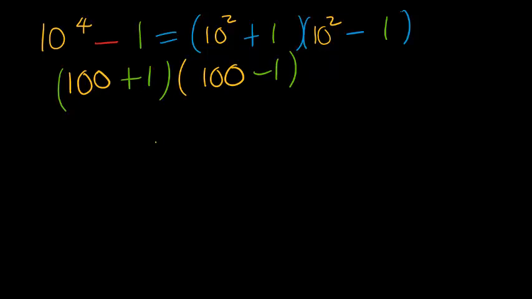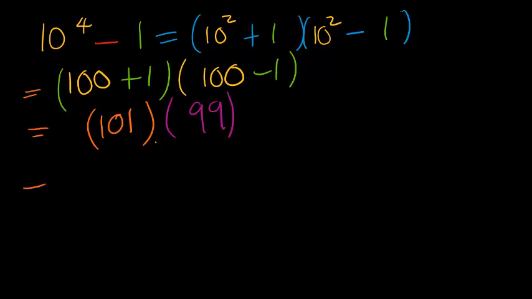Okay, 100 plus 1 is equal to 101, and 100 minus 1 is equal to 99. Now we are going to factorize. The factors for 101 is 101. It is a prime number.